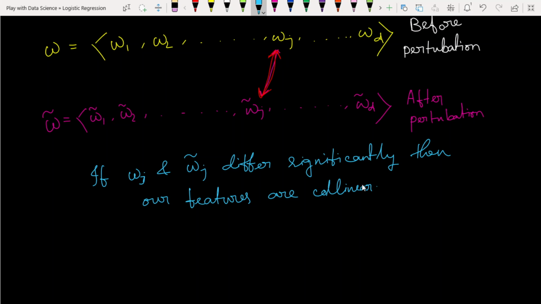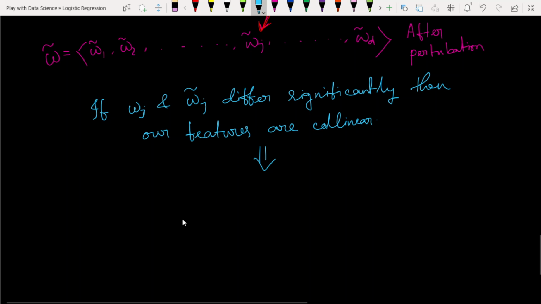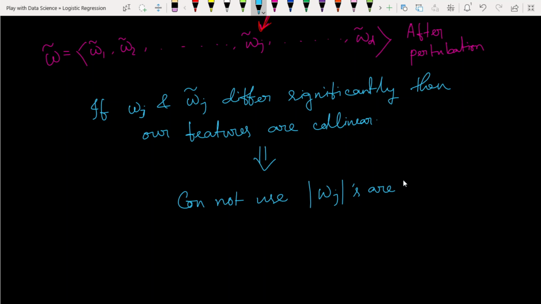Put simply, we cannot use the norm of wj as feature importance.